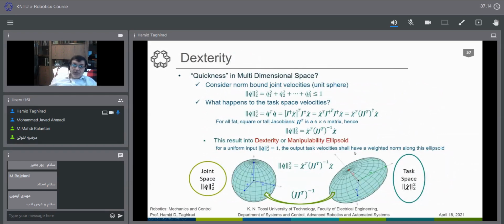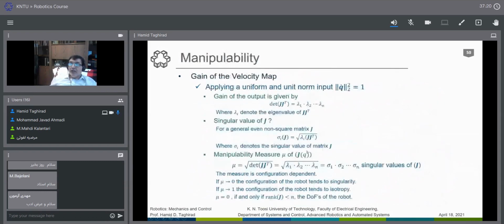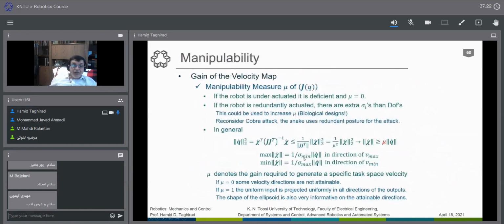These maximum and minimum values correspond to the maximum and minimum singular values. But note that since this comes in the inverse, into the denominator, the minimum value of sigma gives you the maximum value for x dot, and the maximum value for sigma gives you the minimum value for that.